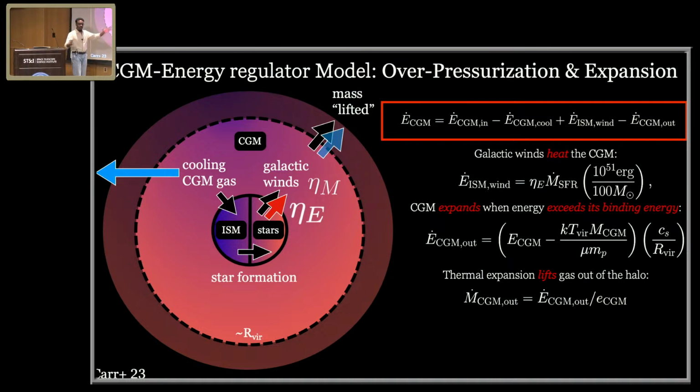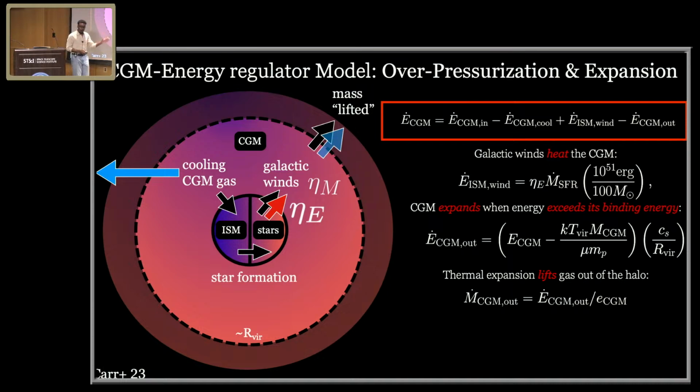And so in this large-scale expansion of the galactic atmosphere, not only are you raising the temperature, but you've also lowered the density, which affects the cooling efficiency of the CGM gas. And so this affects how much gas is actually able to accrete to the ISM and acting as a regulator of the resulting star formation in your system.